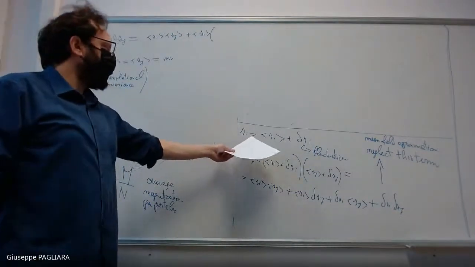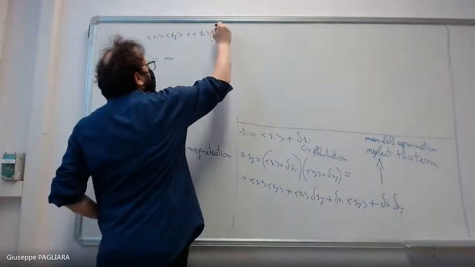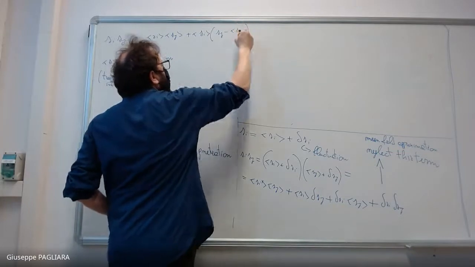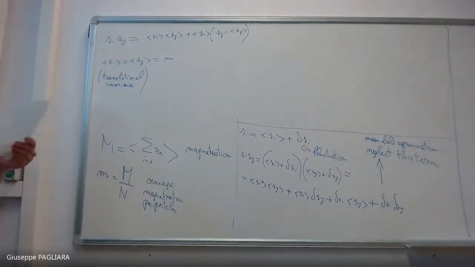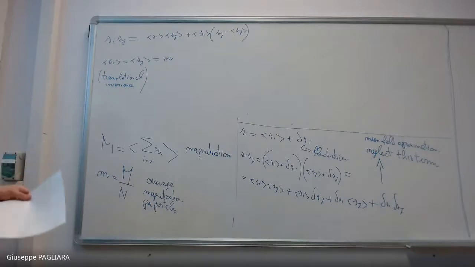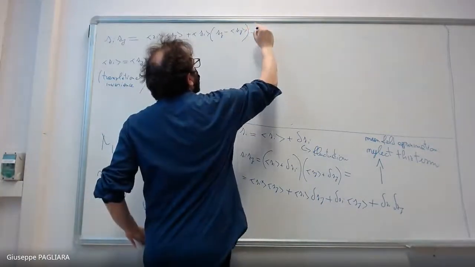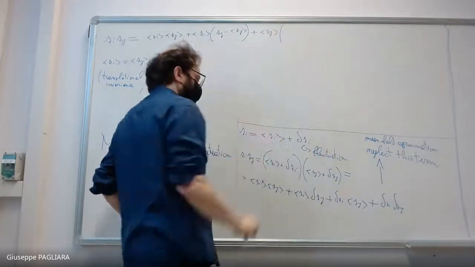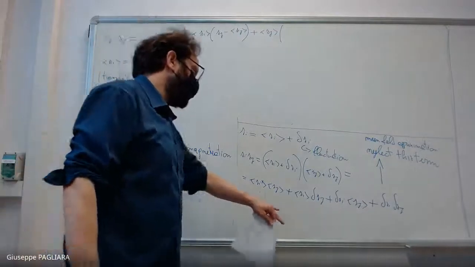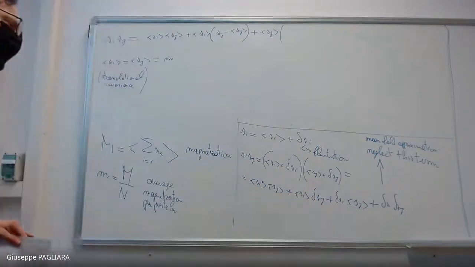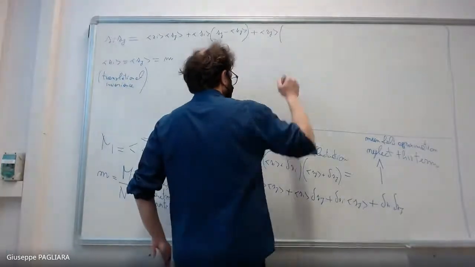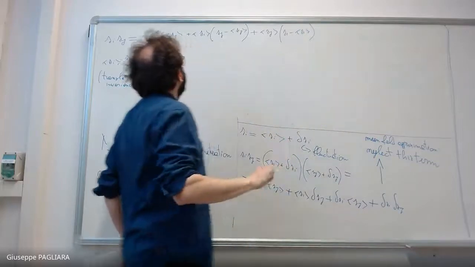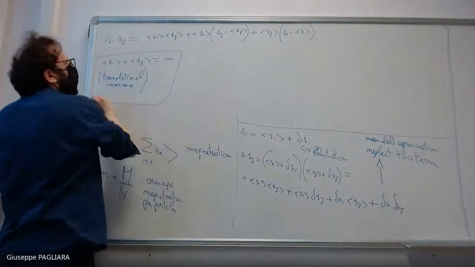It is Sj minus the average of Sj. And similarly for the others, so I have the average of Sj times this term here, delta Si, and delta Si is Si minus the average.